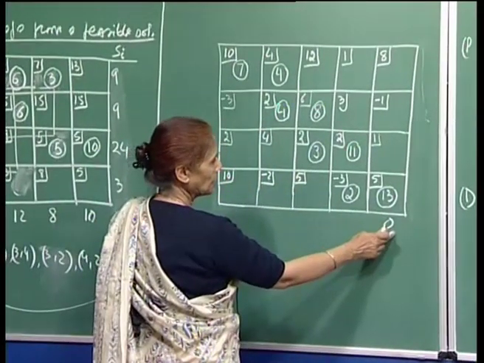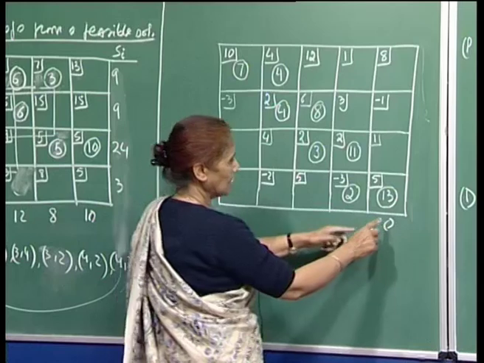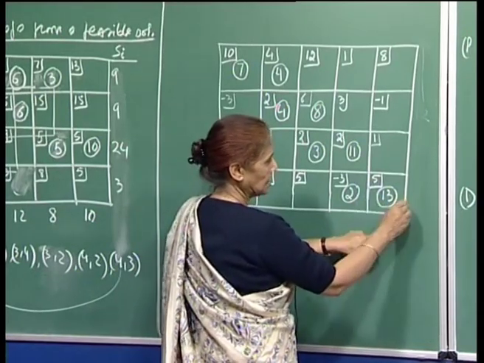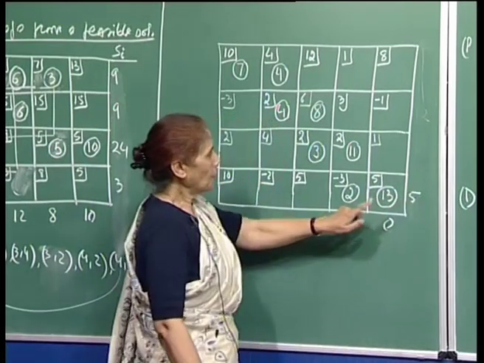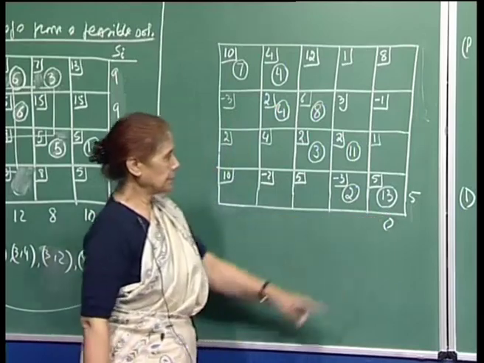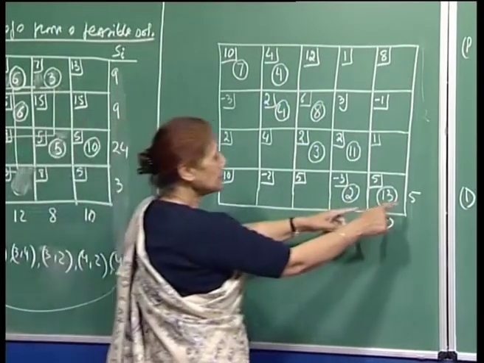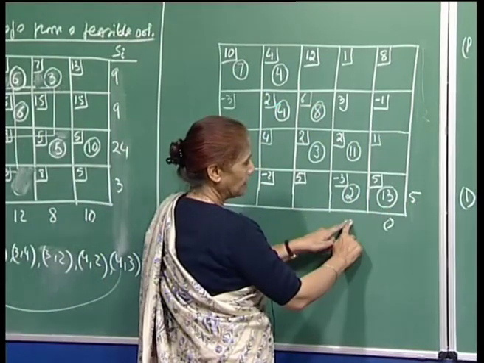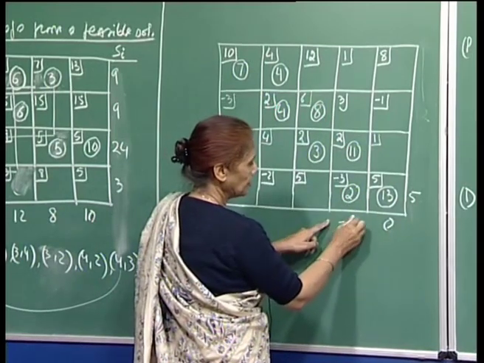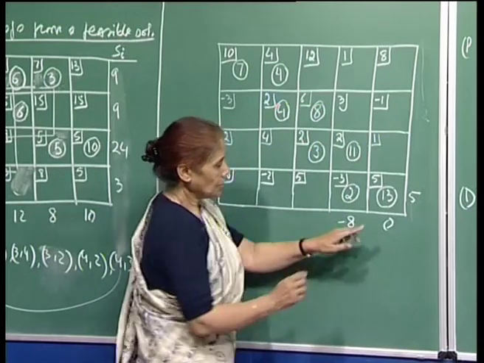So, v n I am putting to 0, and immediately you see that since the sum of these two numbers should be equal to this, my u 4 will be 5, right. Once this is 5, the number here, this plus this must add up to minus 3. So, that means this should be minus 8. Is it okay?